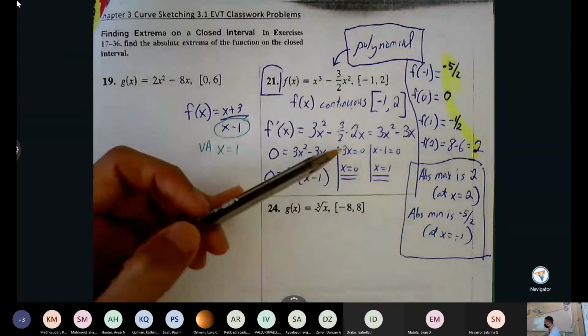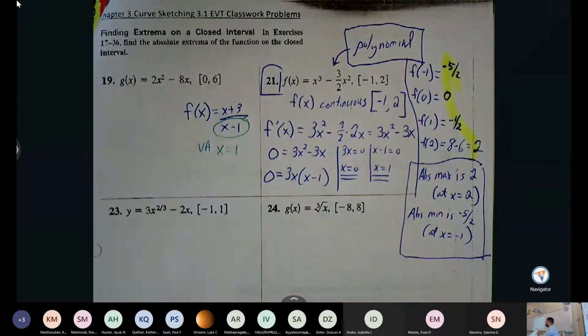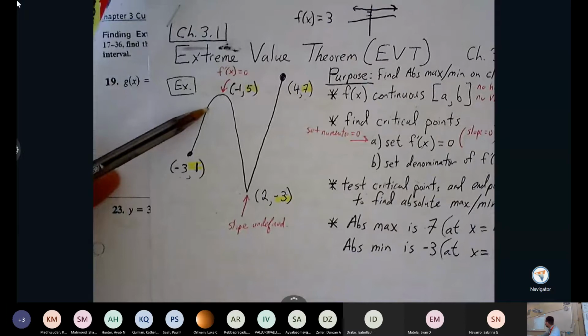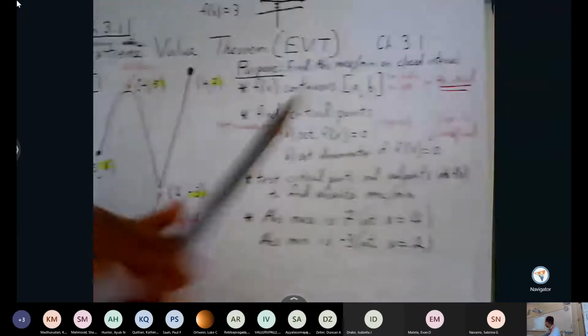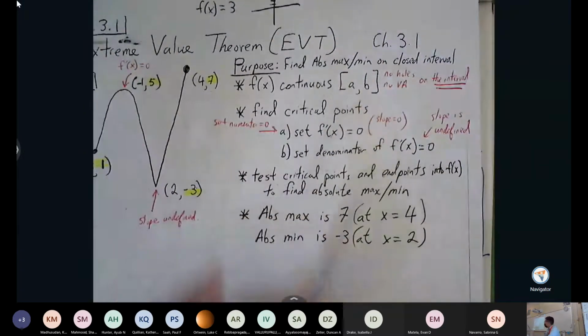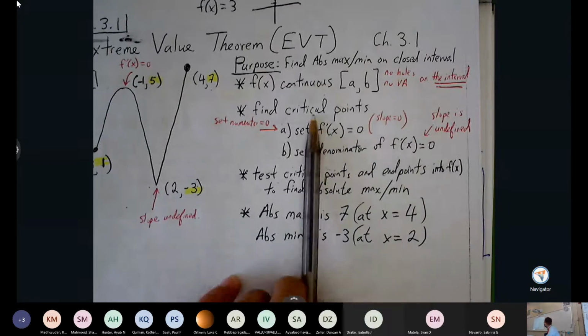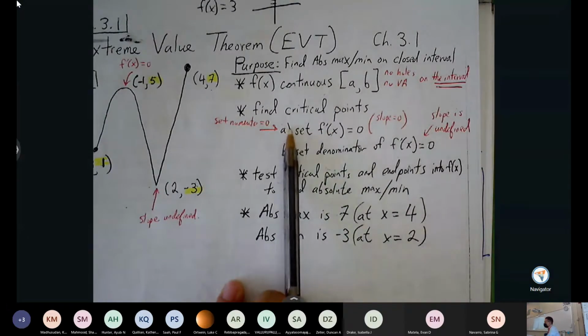the recap with extreme value theorem, we're finding highest and lowest points on the graph, right? And we know that whatever endpoints they give us, we have to test those endpoints, because endpoints could end up being the highest or lowest points. But we also need to involve critical points. And the way we get to critical points is we find the derivative first.